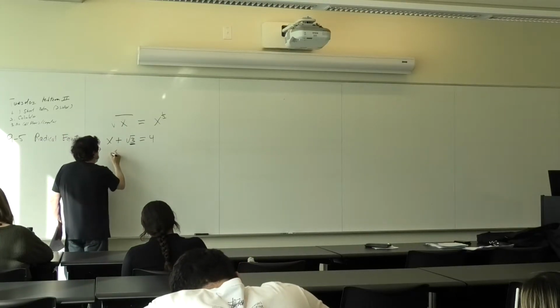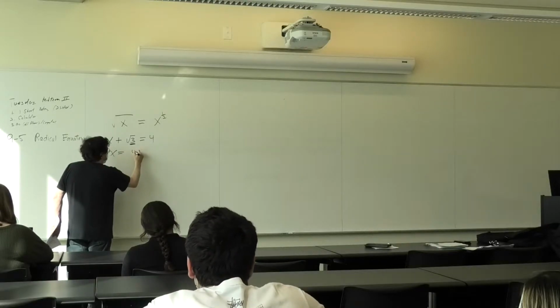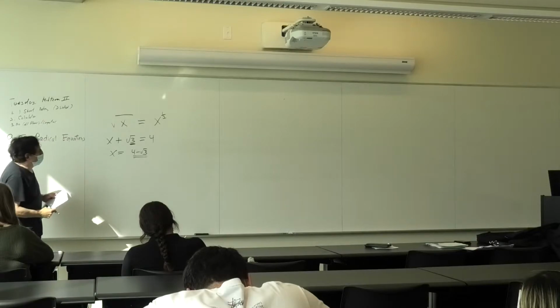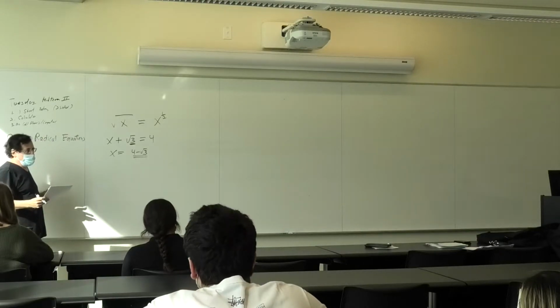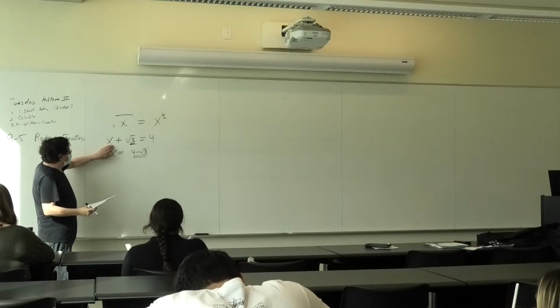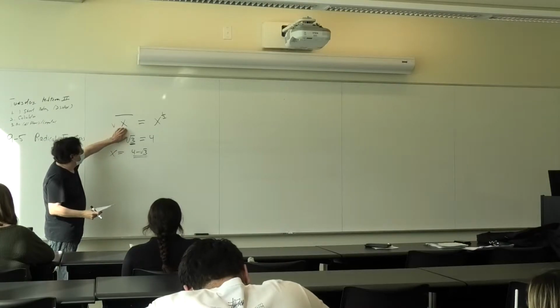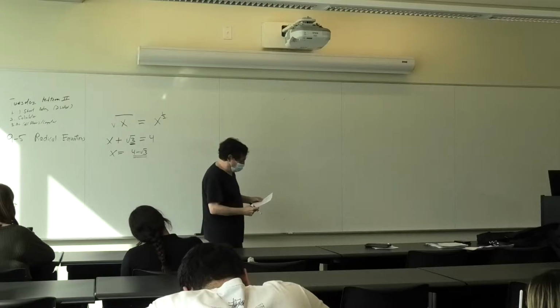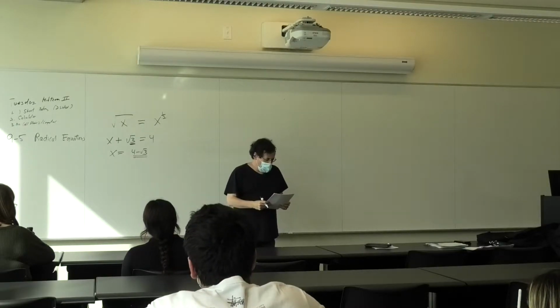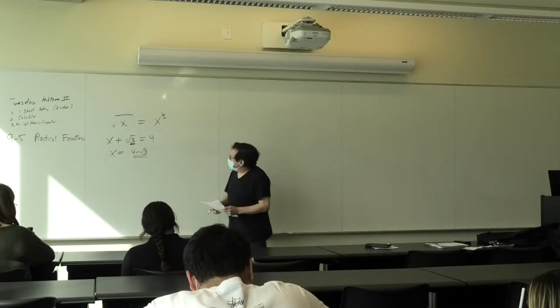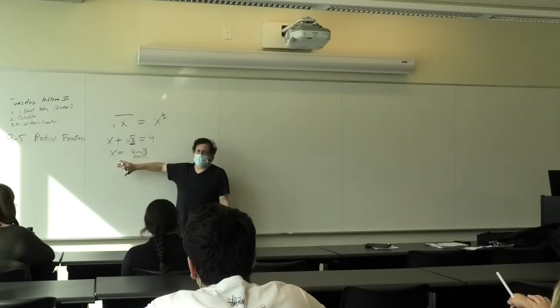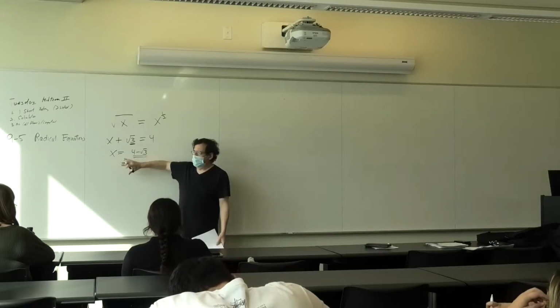So we solve this the same way we would solve any equation. What we're talking about is equations where the variable might be under the radical sign. This is not going to be that different from the other kinds of equation solving we've done.